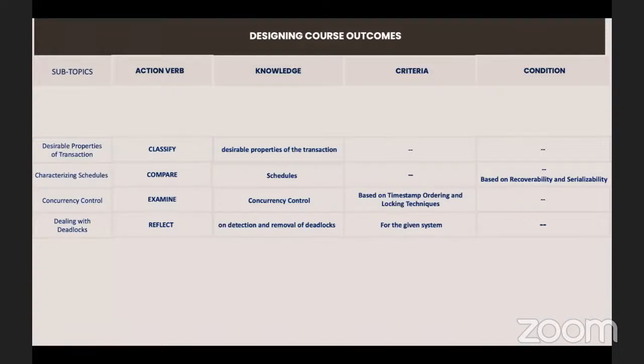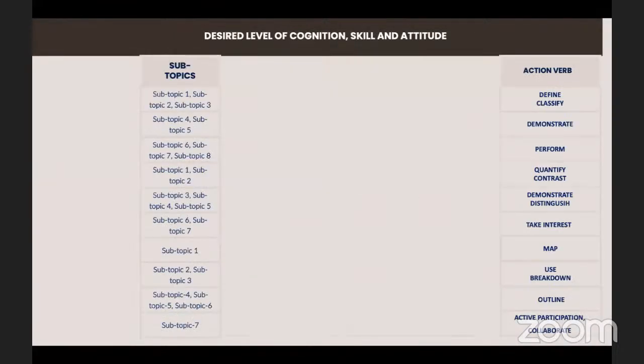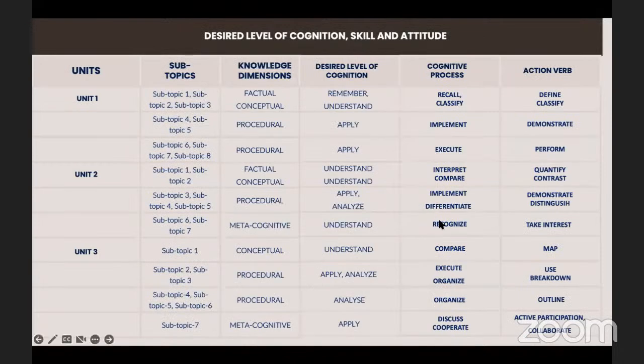And each action verb actually can result in a course outcome statement. But let's say you have identified a group of action verbs in your model, say 10 different action verbs related to procedural knowledge.